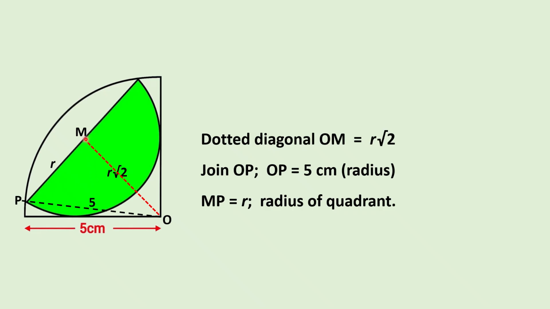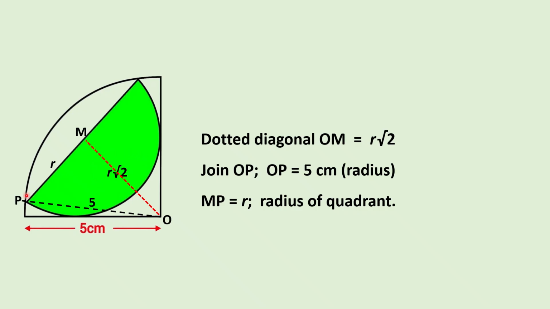M is the center of the semicircle, so MP is the radius of the green semicircle, which is R units, and OM we have already calculated as R root 2.